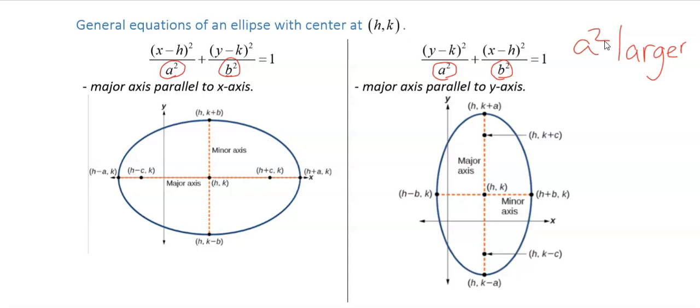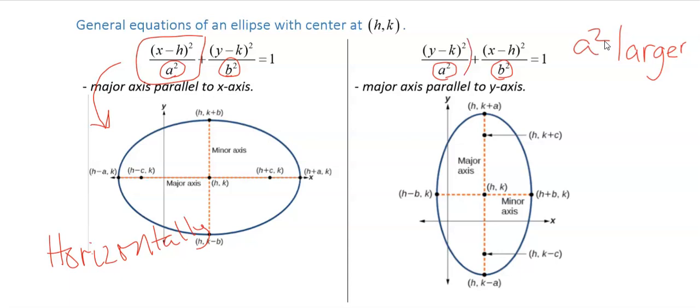Now, if the A squared is under the x squared term, like in this first case, then that means that your ellipse is elongated horizontally. All right? It looks something like this one right there. If your A squared is under the y squared, now notice they've written the y squared term here first.